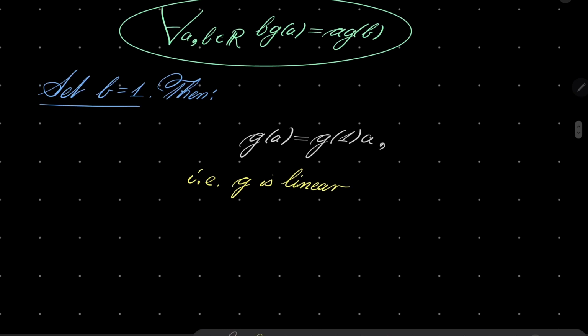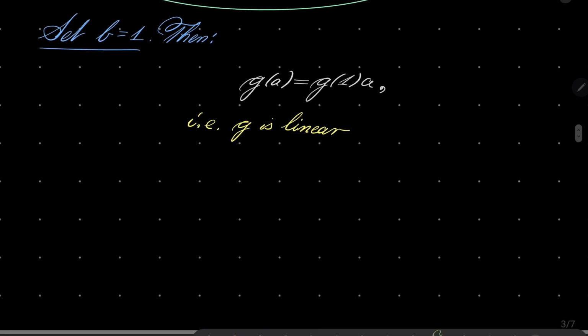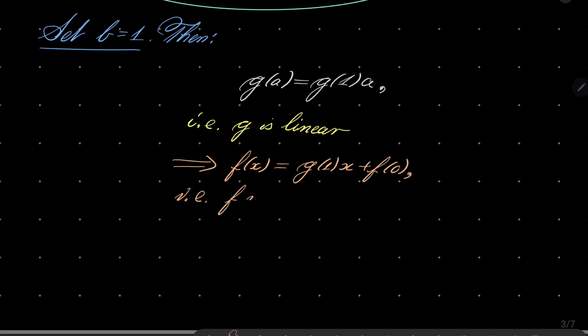And let's go back to our original function f, because that means that f of x equals g of x plus f of 0. So it's g of 1 times x plus f of 0, i.e. f is affine.